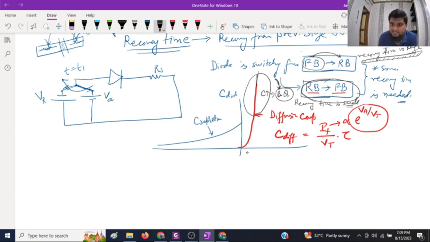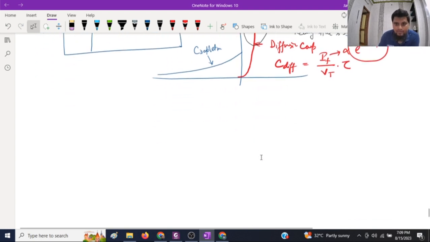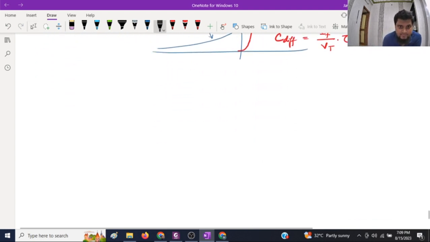If this one is okay, then of course the smaller one will be taken care of in switching.